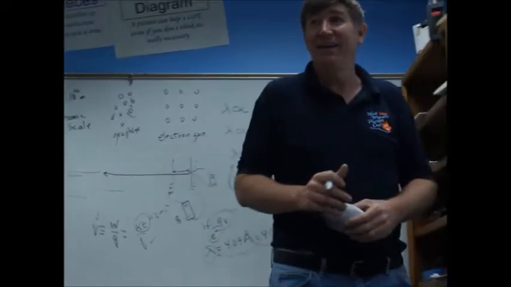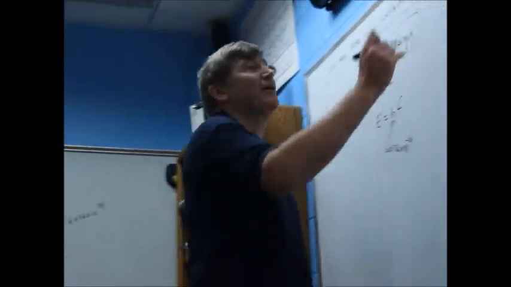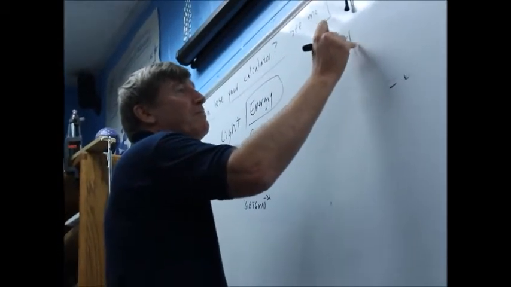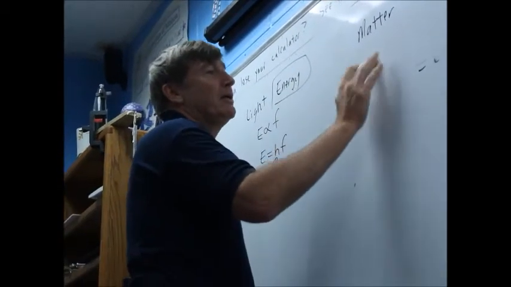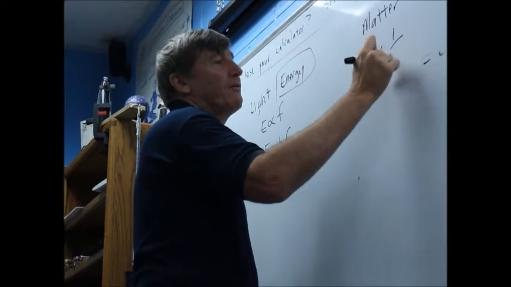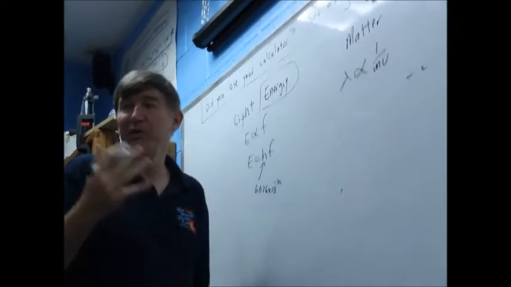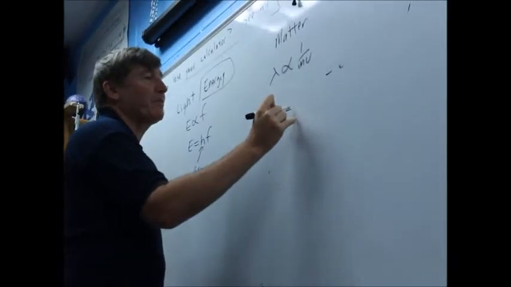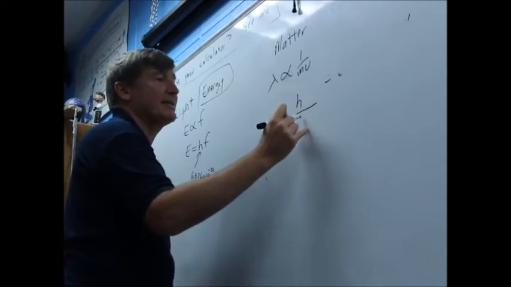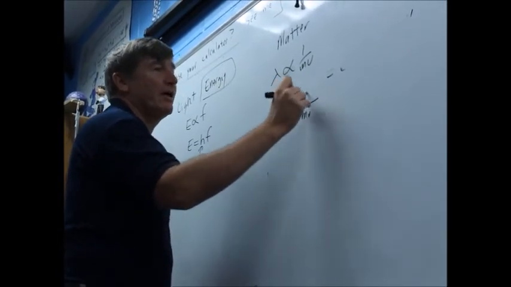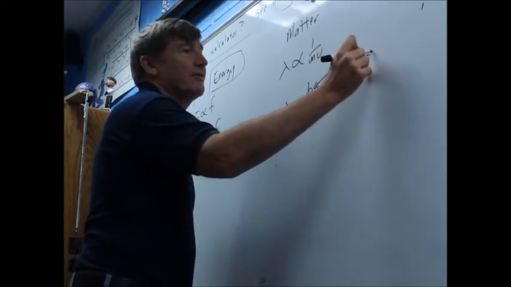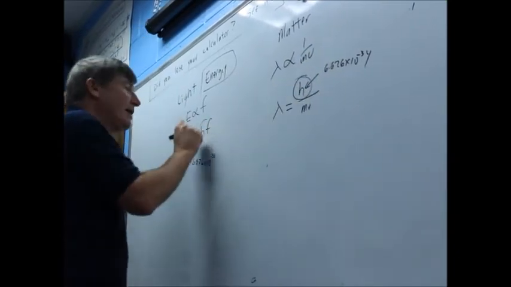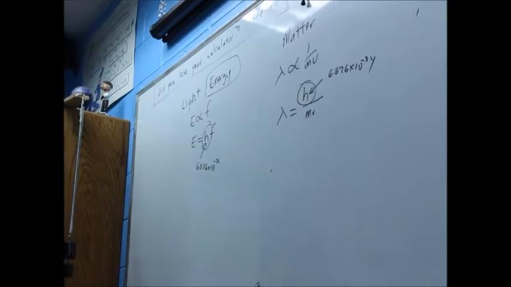And yet, when we do experiments with matter, we find that the wavelength is proportional to 1 over mv. And when we do the experiment, we find out that that proportionality constant is that same number that we called h, 6.626 times 10 to the negative 34. What an amazing coincidence.